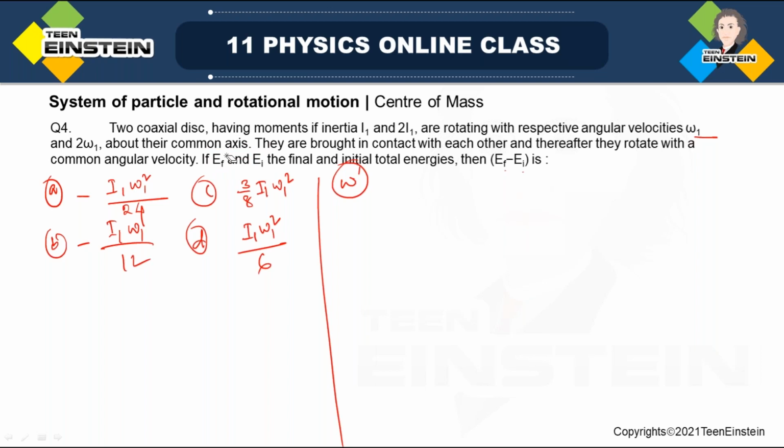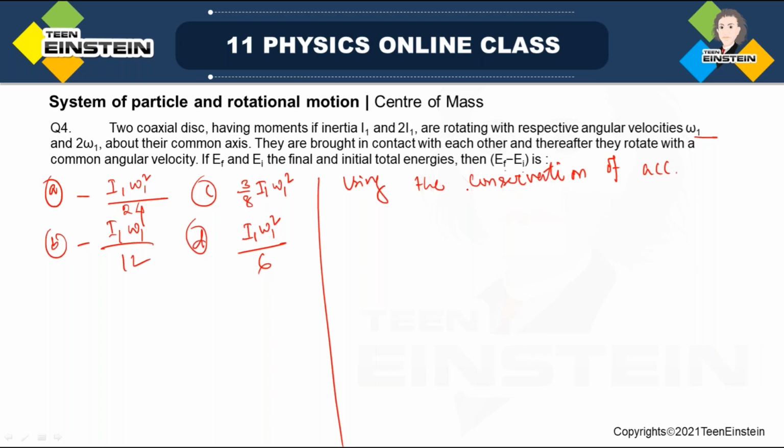Okay, now see, we can use conservation of angular momentum.